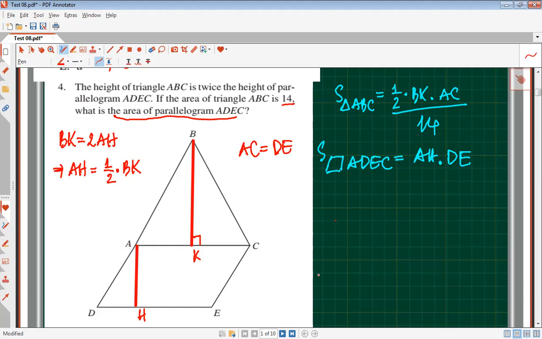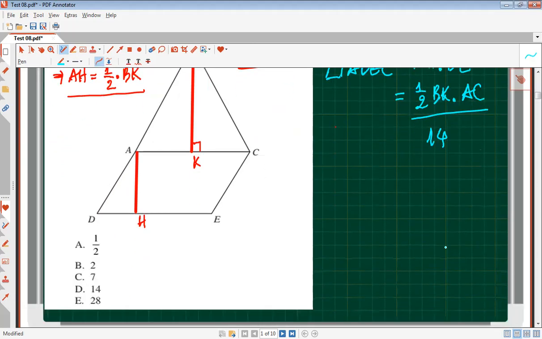That means the triangle and the parallelogram have equal bases. And we use this information. We have that this one equals 1/2 BK times EC. It is also 14, the same result, the same number. Option D.